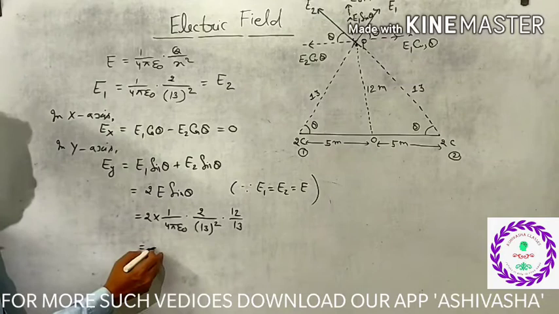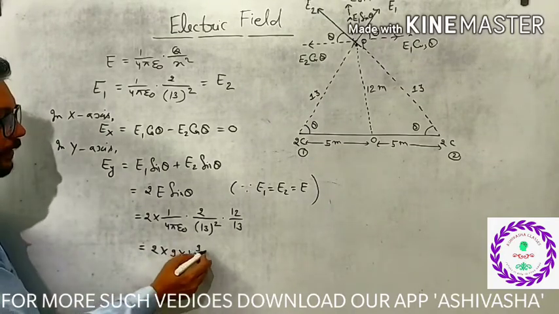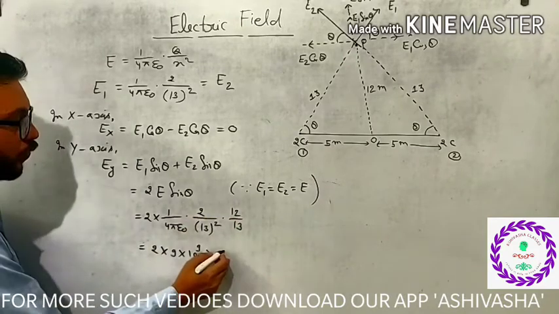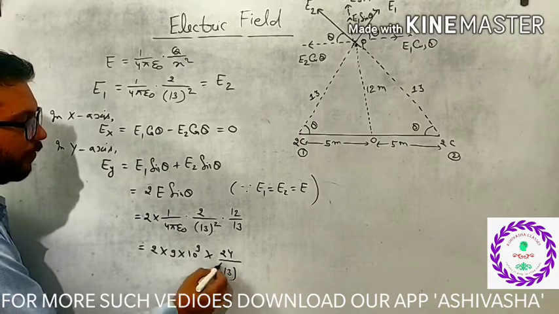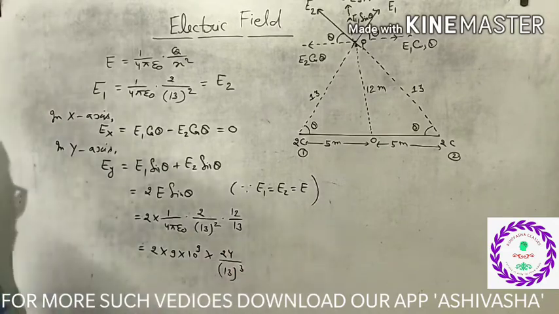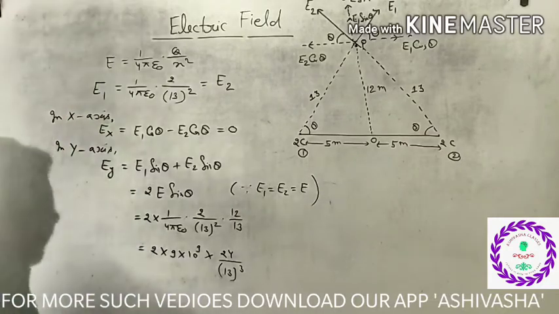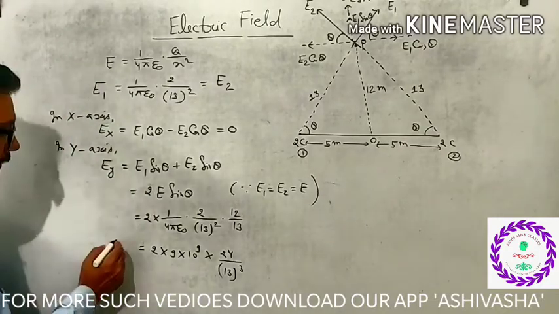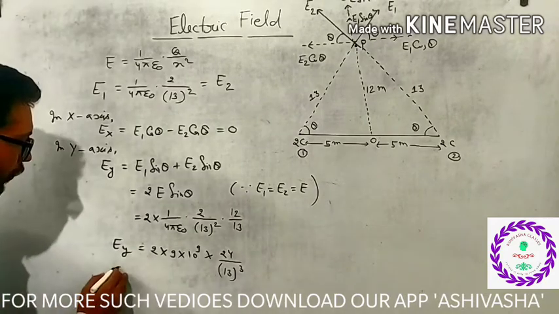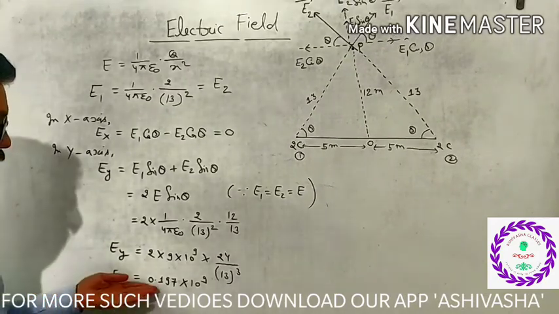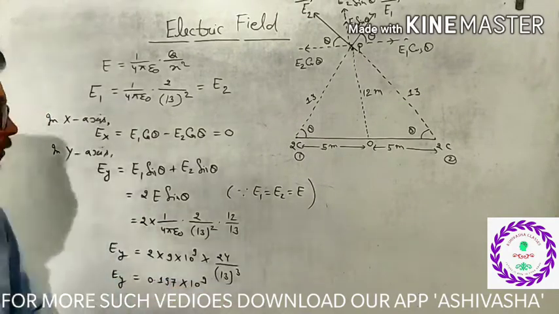So we have 2, this is 9 into 10 to the power 9, this is 12 into 2, 24, and this can be written as 13 to the power 3. Now we can solve it and we get the answer Ey equals 0.197 into 10 to the power 9.